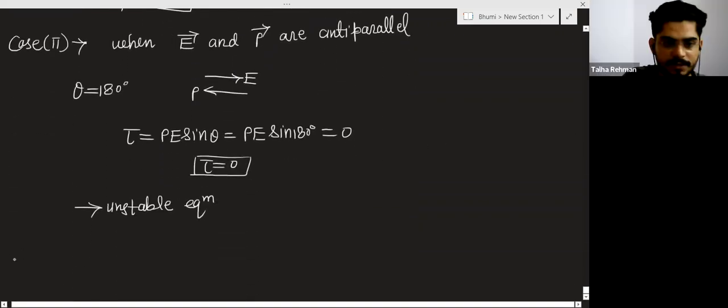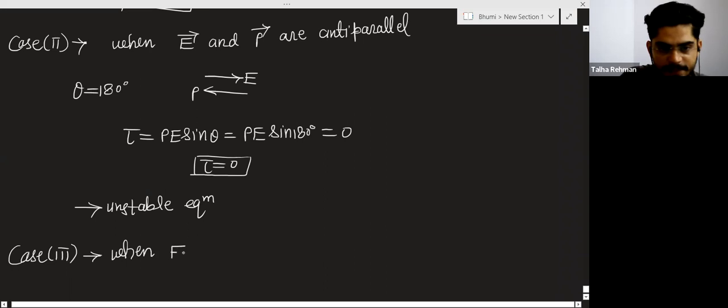Okay, case third, when electric field and dipole moment are perpendicular.